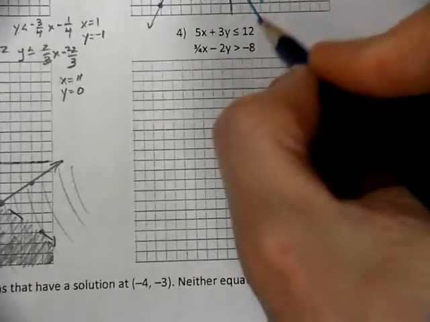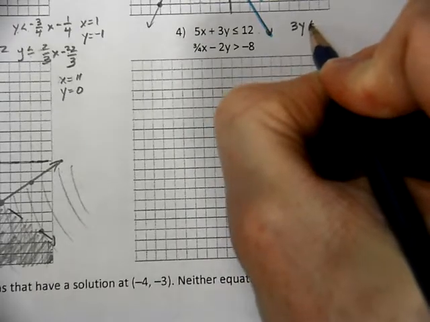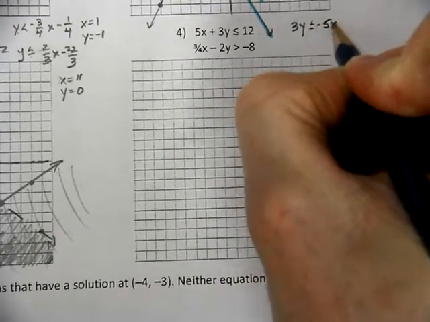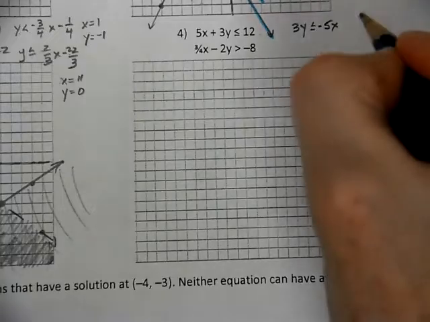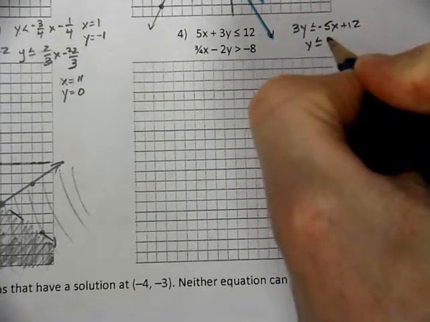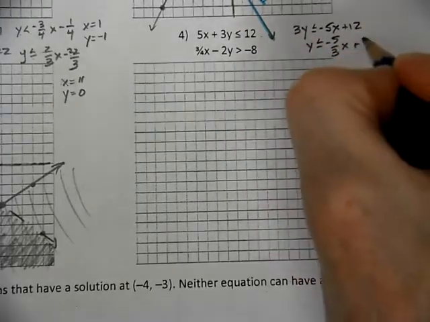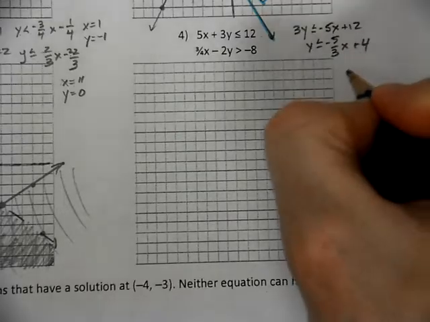Come on over. We'll take our 3y and subtract over the 5x plus 12. In this case, 3 goes into 12 nicely.